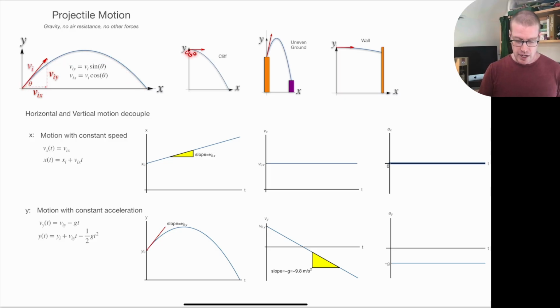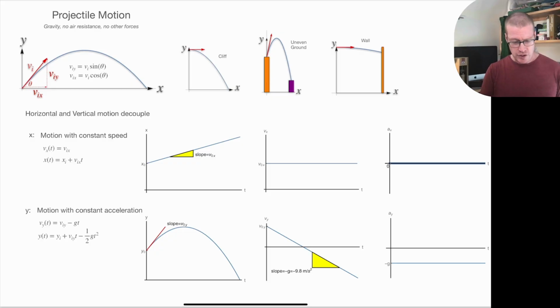They can give you, say, launching a projectile off a cliff. You could have some uneven ground. In those video games, you tend to have that. Or here's a little weird one. You could be shooting a bullet at a wall. Right? In all cases, these are parts of a parabola.